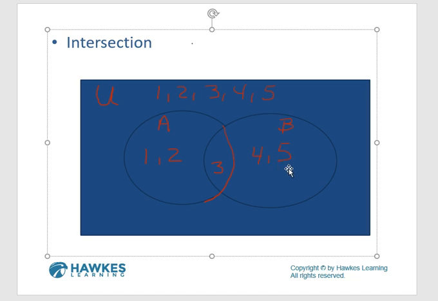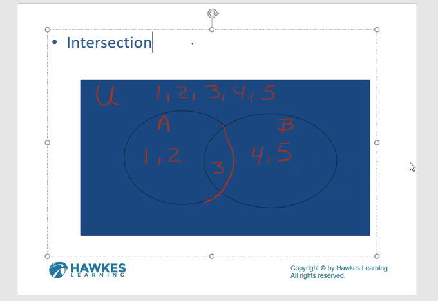And as you look at it, you see, oh, wait a minute, element 3 is found in set A. It's also found in set B. So we illustrate that in a Venn diagram as an intersection. Now here the sets are joined somewhat, and there is an intersection.